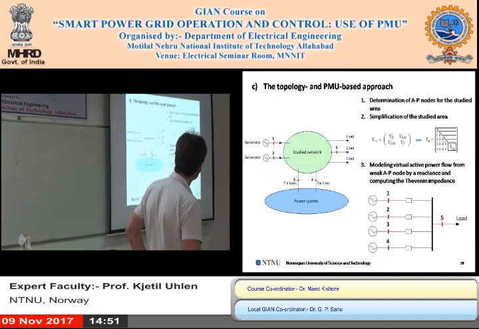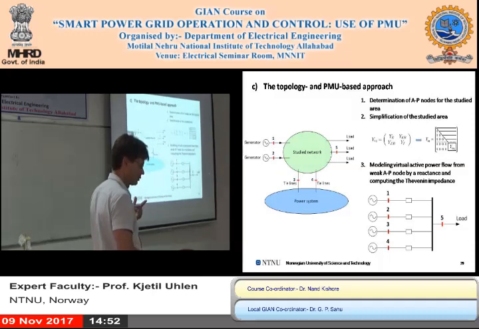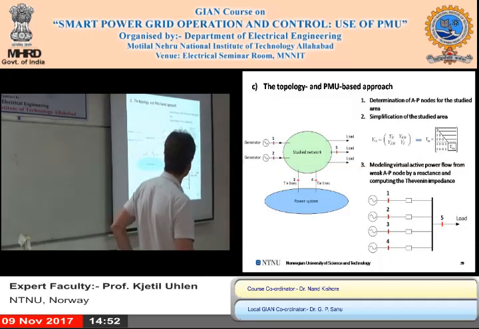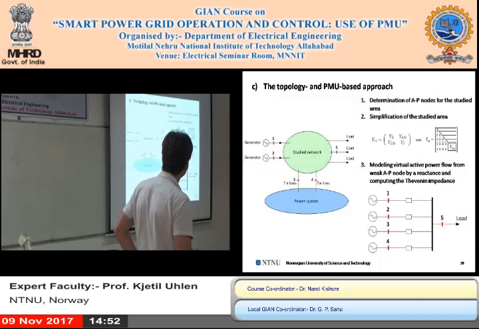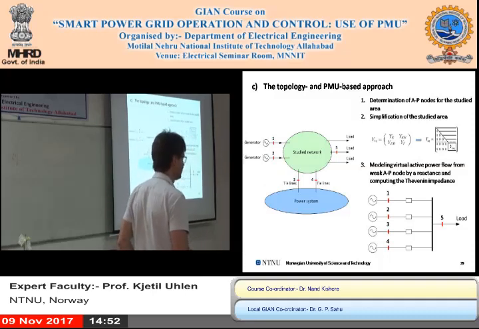Then you are using the fact that you know the admittances or impedances within this network to compute this impedance. And that you can then use to estimate the voltage stability margin. That is the clue here, without going into all the details on how you do it. It's a manipulation of the admittance matrix, basically.